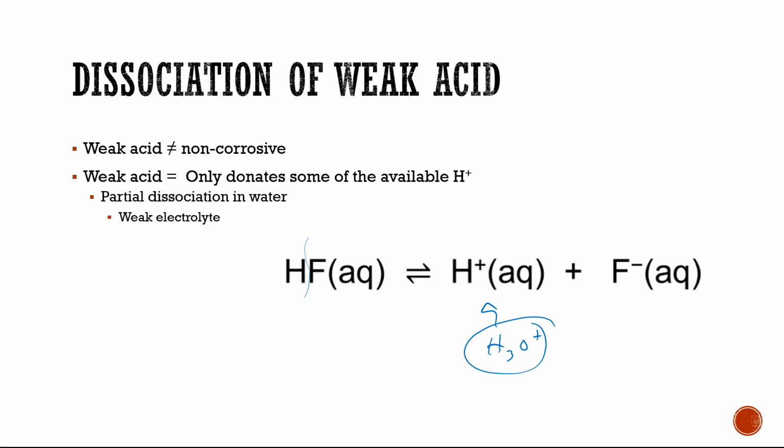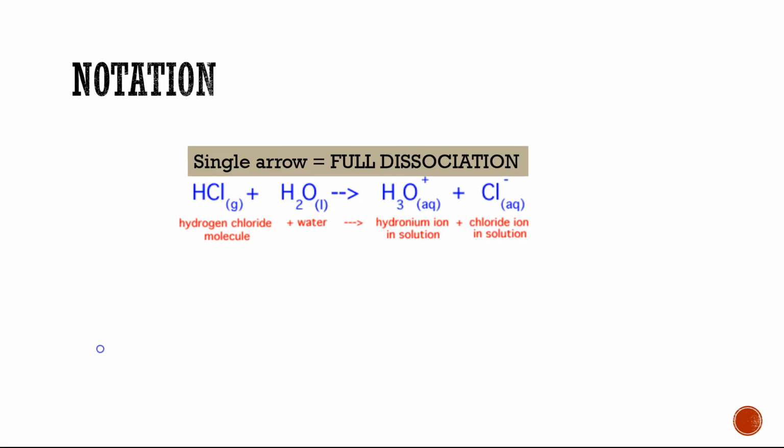Now, in terms of notation, how can you tell just by the way the dissociation reaction is written? If you see a single arrow, that implies that pretty much all of the available hydrogen gets donated to water to form that hydronium ion. So a single arrow represents full or very close to full dissociation.